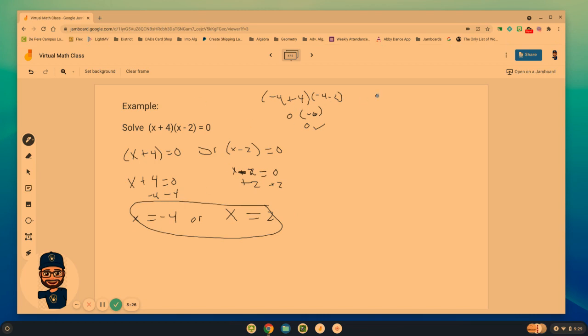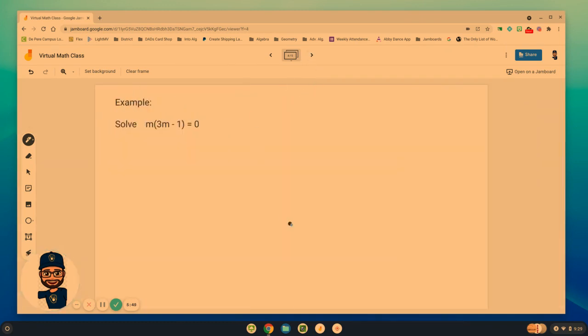If I plug in a 2, 2 plus 4 times 2 minus 2, 6 times 0 is 0, so that one also worked. So the goal is to take each factor, each parenthesis, and set it equal to 0 if the entire equation does. Let's look at one more.